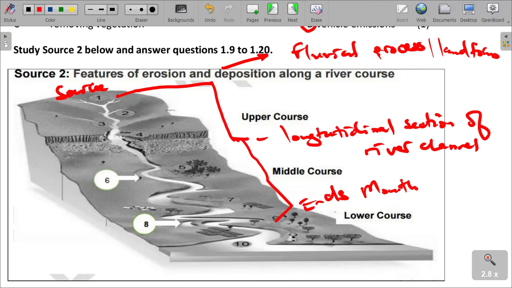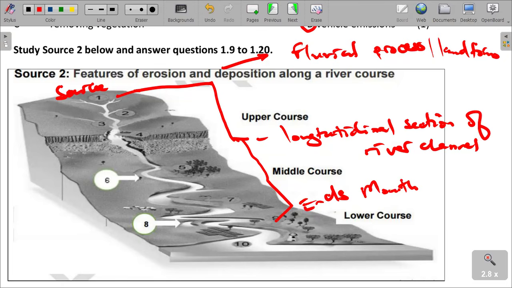We have got multiple activities that take place at each of the stages that we are looking at. The upper course is very violent, with a very steep gradient, dominated by headward erosion, the undercutting of the river towards the source.